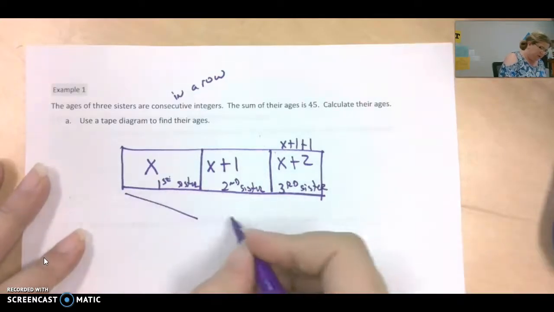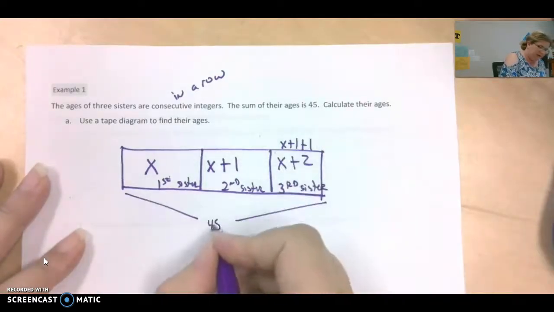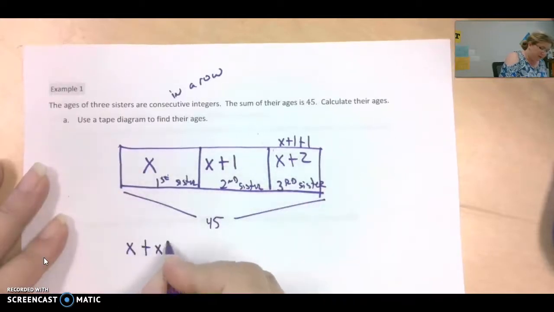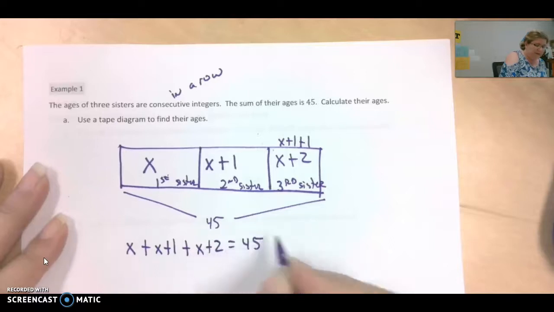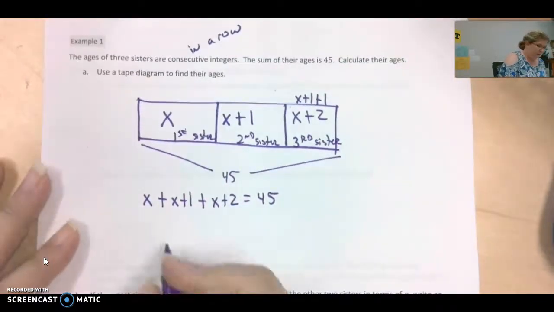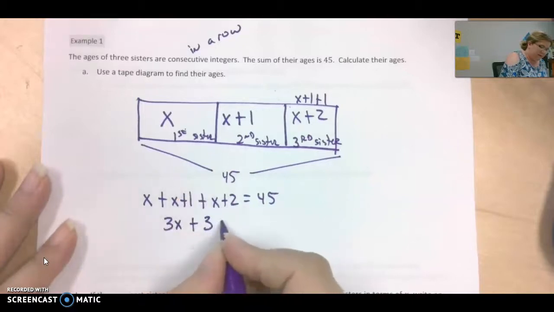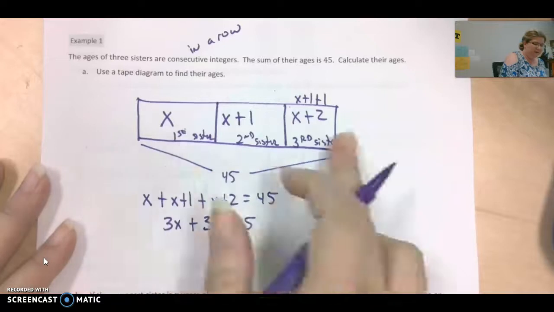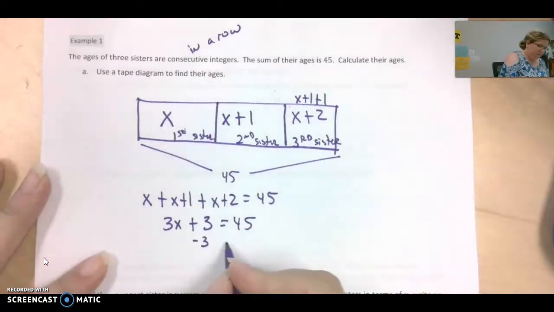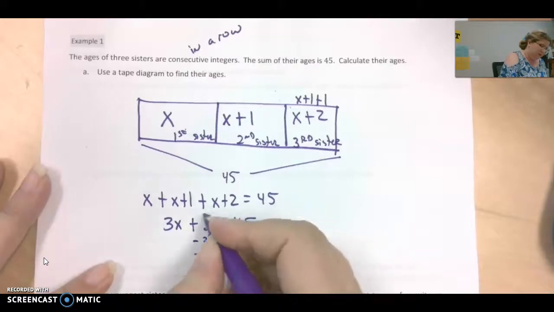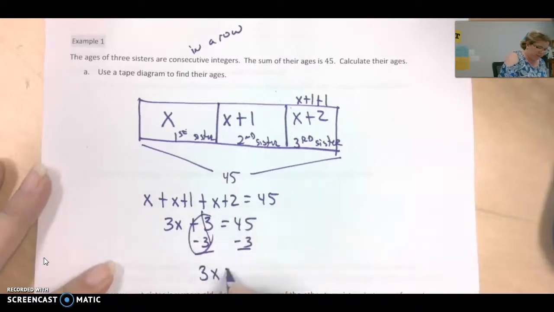So all together, they are 45. So here's my equation. X plus X plus 1 plus X plus 2 is 45. So 3 sisters plus the 3 years is 45 all together. Okay, and I'm going to subtract the 3 years. 3x is 42.